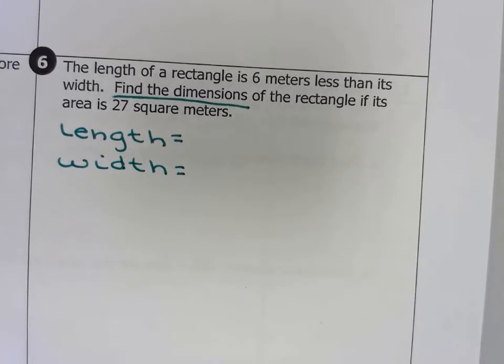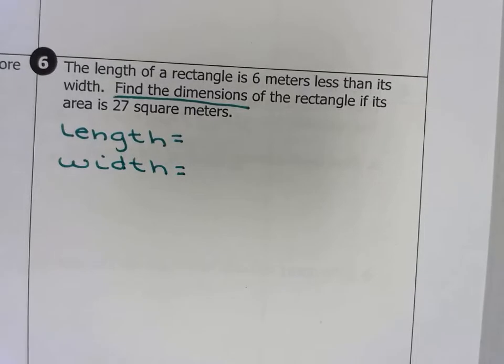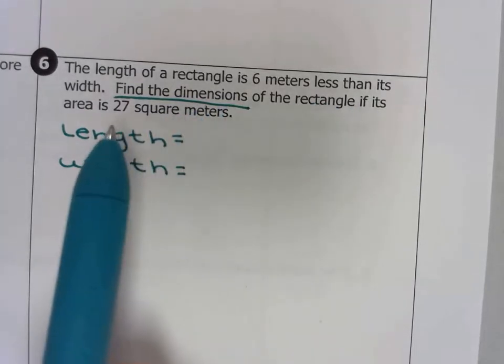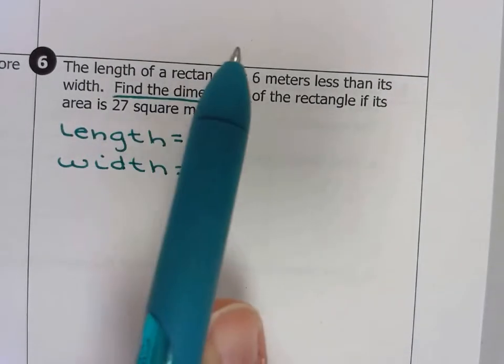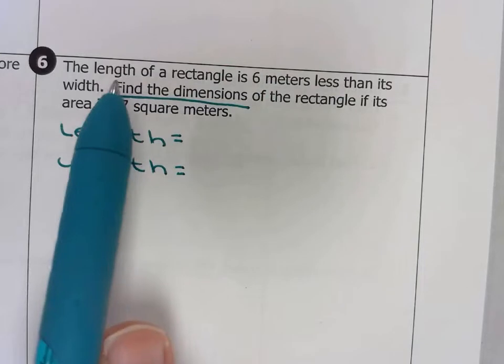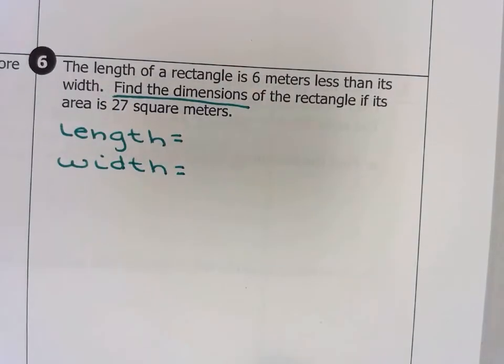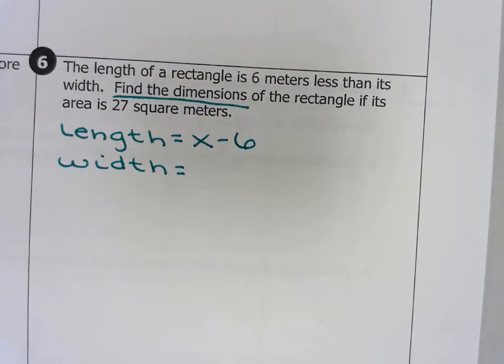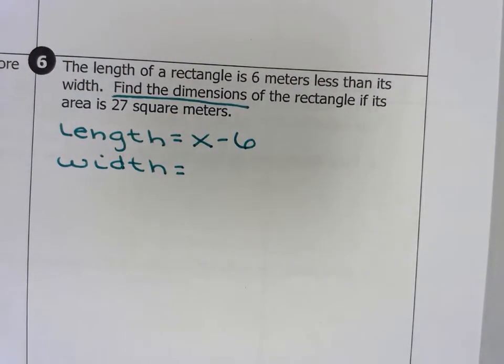So what does it tell me about the length? 6 meters less than its width. How would I represent 6 meters less than its width? Okay, we can do x minus 6. If it's less than, remember it goes on the end after the x. So if the length is x minus 6, what would the width be?